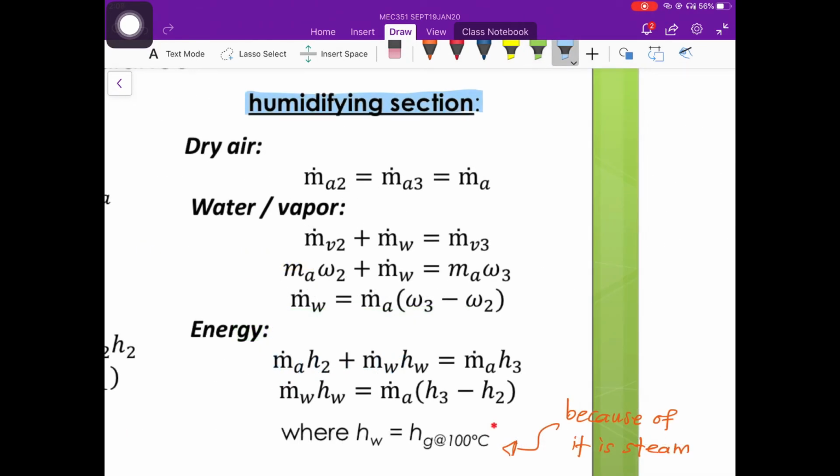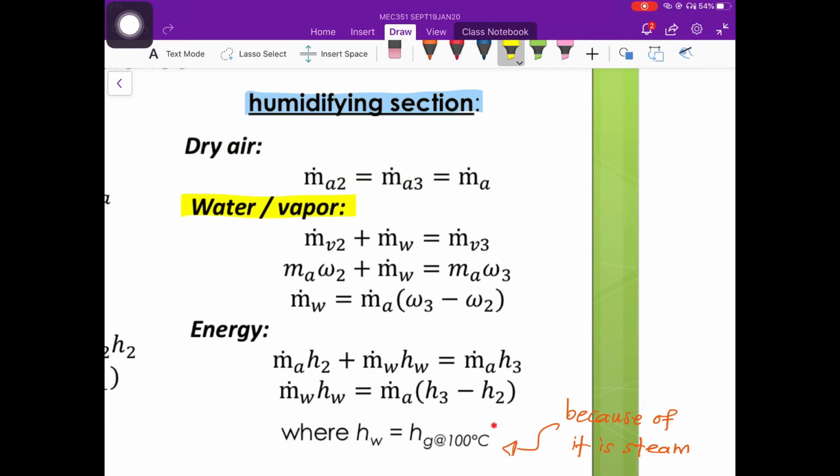For the humidifying section, the mass balance for the dry air is given by the mass flow rate of the dry air at state 2 is equal to the mass flow rate of the dry air at state 3. Again, we can assign it as m dot a.